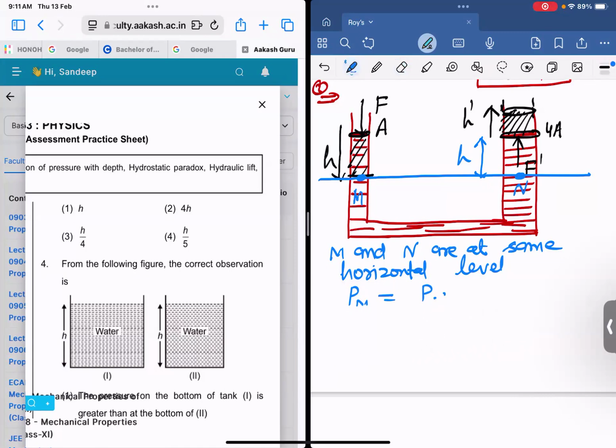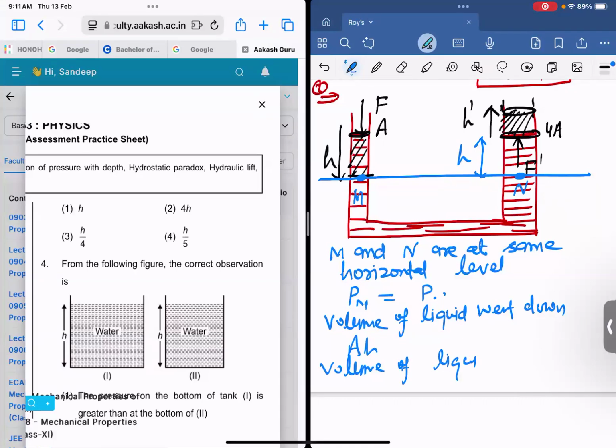Whatever volume of liquid went down is A into H. And here the volume of liquid that went up, if I say this is H dash, and the area of cross section is 4A now, is H dash into 4A.